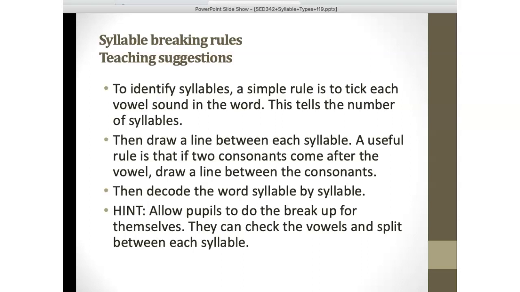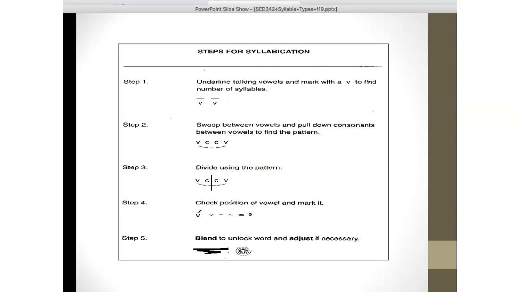And then if two consonants come after that, they would separate in between the consonants using a VCCV pattern. Then they split the pattern, and then they check their vowels if they're long or short.